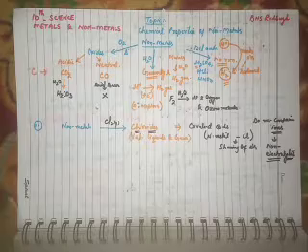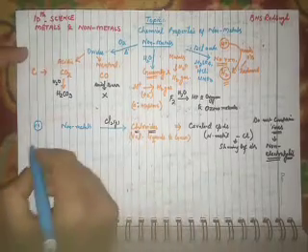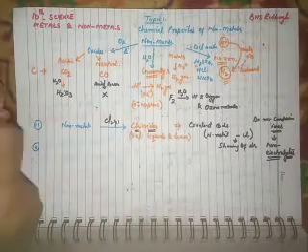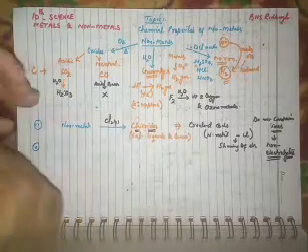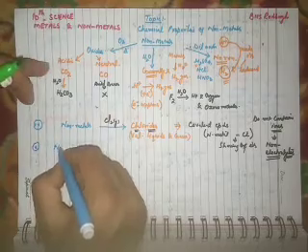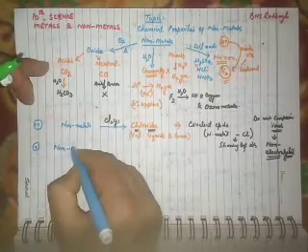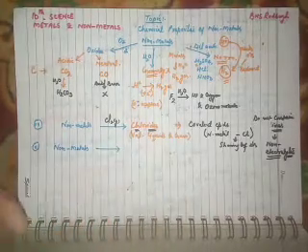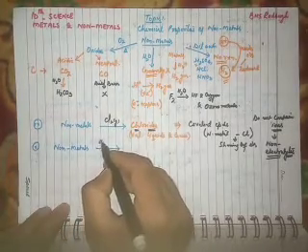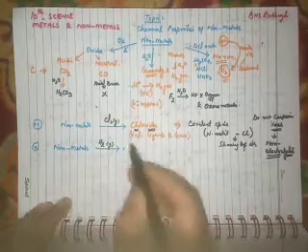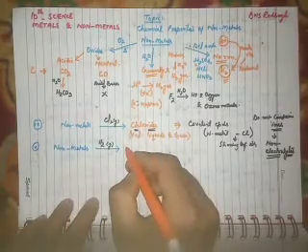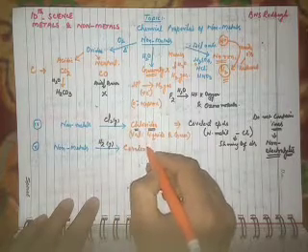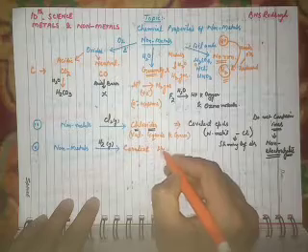So dear students, coming to the fifth reaction, reaction of non-metals with hydrogen. So when non-metals are reacted with hydrogen, we obtain covalent hydrides.